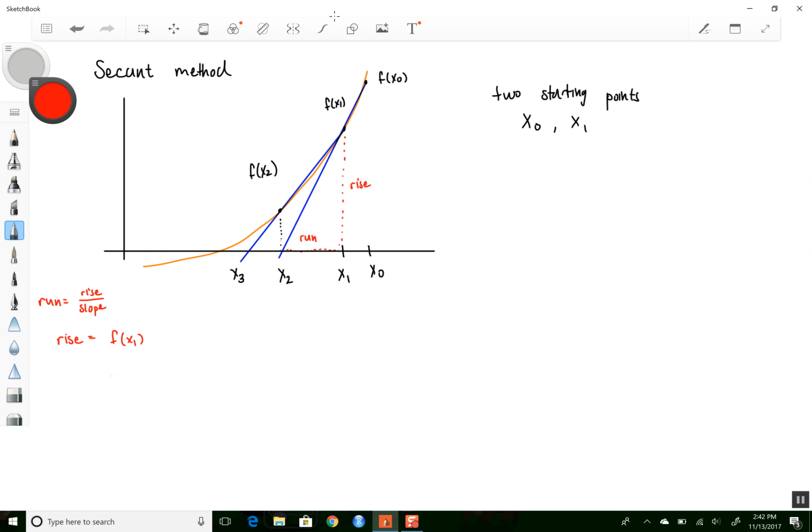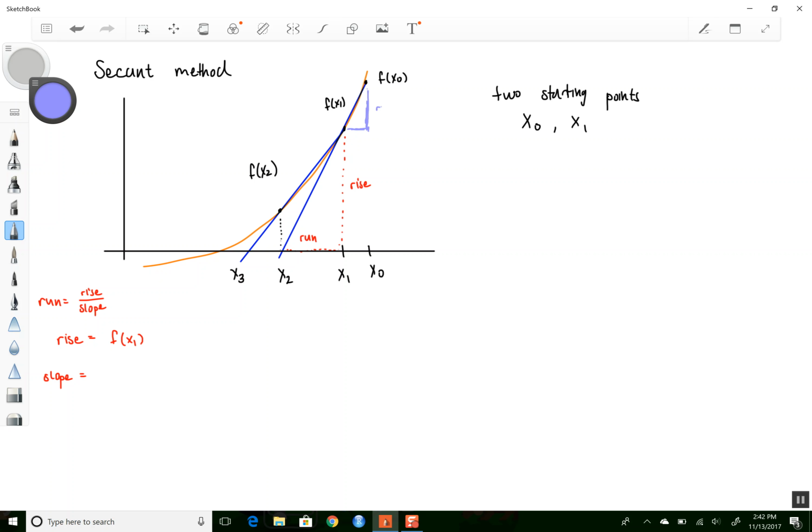So the rise is this. And what's my slope? The slope is determined by these 2 points, so we look at this triangle here, which determines my slope.